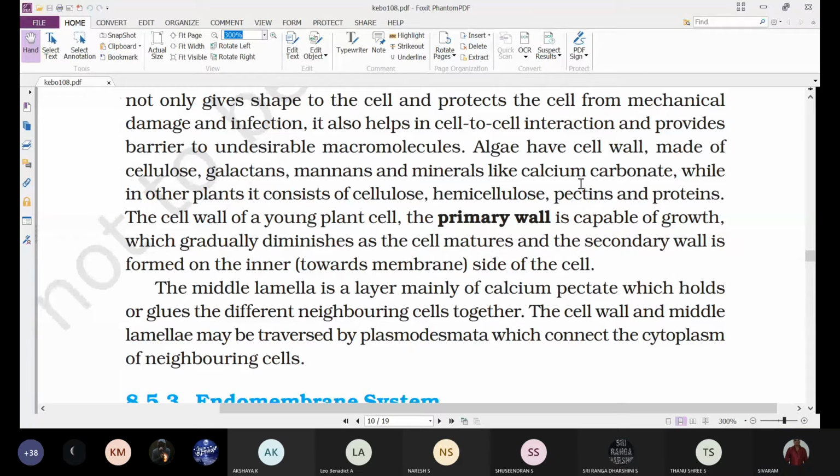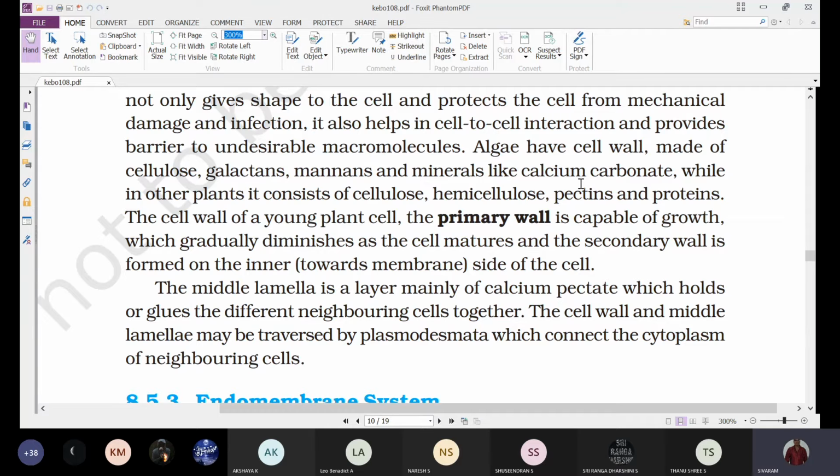But as time progresses, the cell gets matured. As the cell matures, it starts depositing the secondary cell wall material towards the inner side of this primary cell wall, between the cell wall and the plasma membrane.